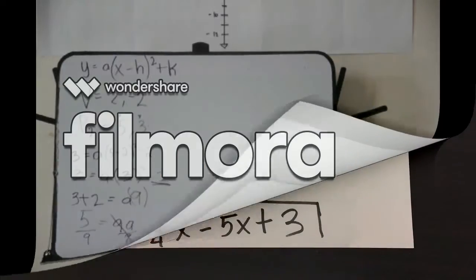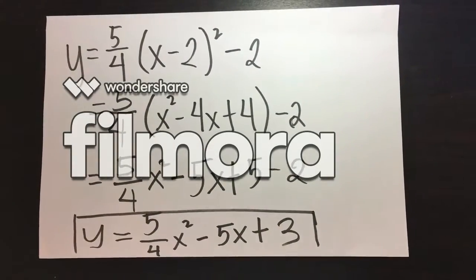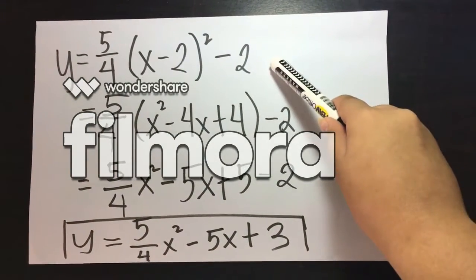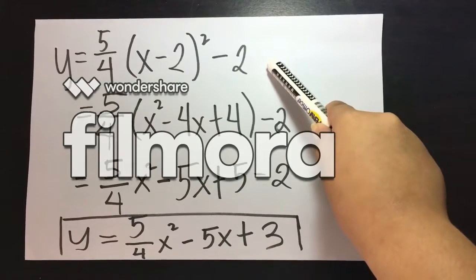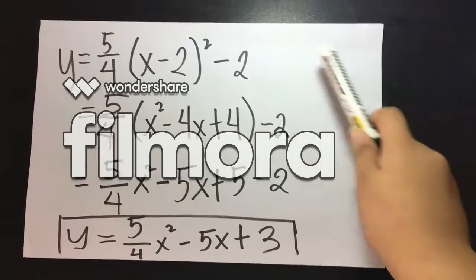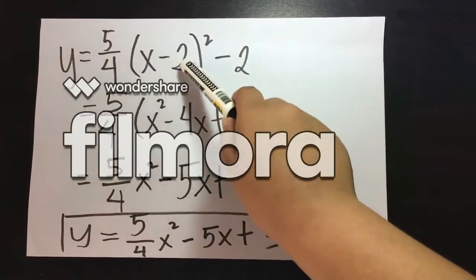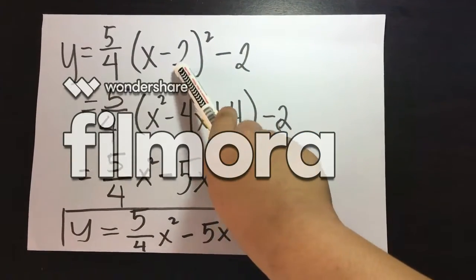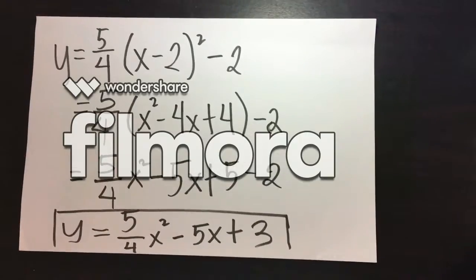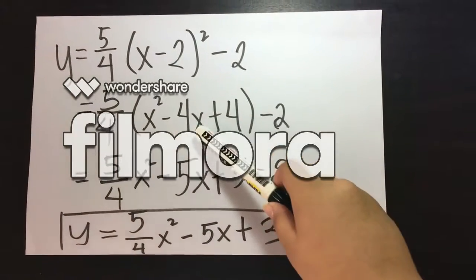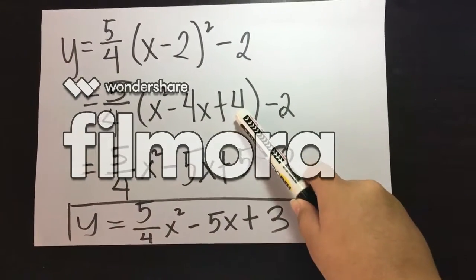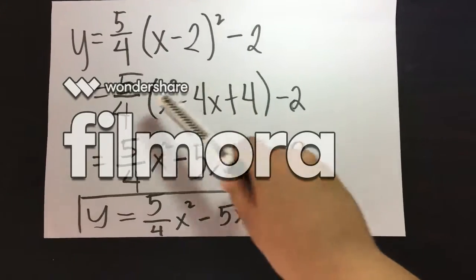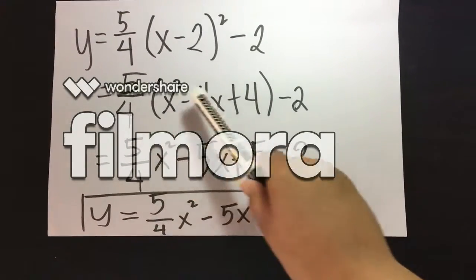Now that we have our vertex form, we're going to expand it to get our standard form. First thing to do is to distribute the square to your x minus h. That will become x squared minus 4x plus 4. Then next, you're going to distribute your a to this.